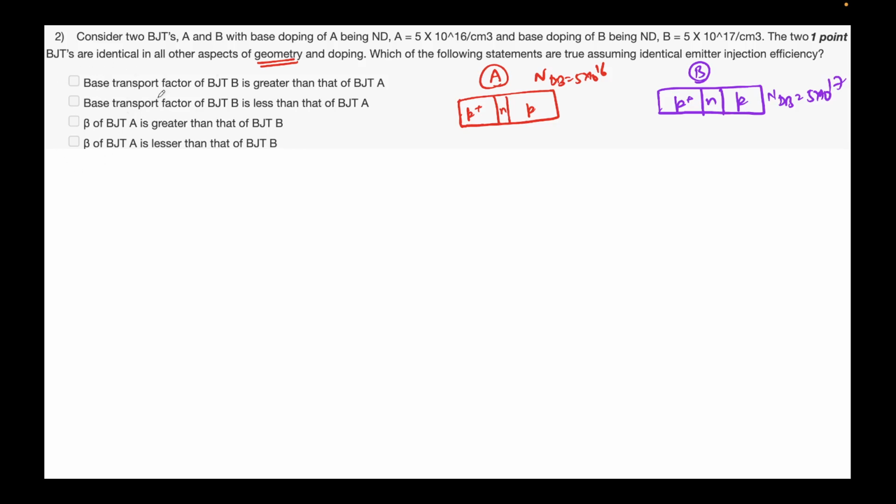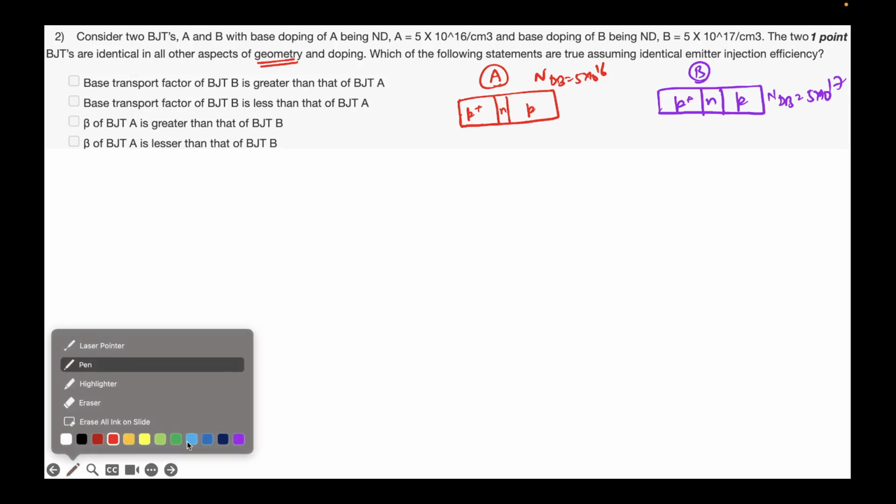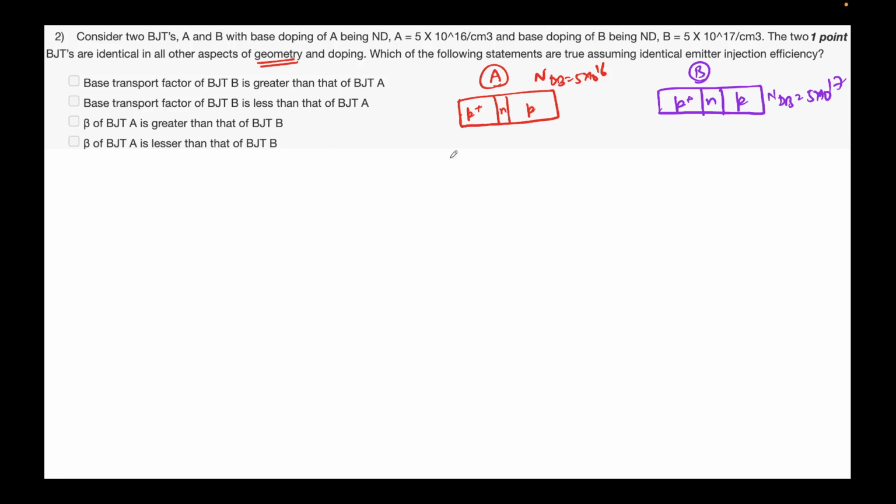First, the analysis regarding the base transport factor. Let me first write the expression for the base transport factor. I'm calling this BA for device A. So BA would be ICPA, that means for device A, divided by IEPA.